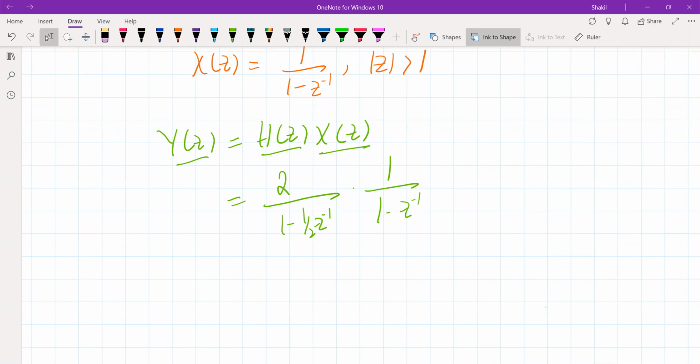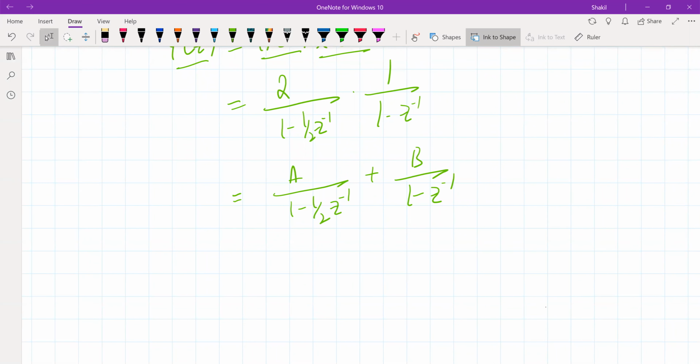Now we can compute the output using the partial fraction method, and we can write this as a by 1 minus plus b by 1 minus. We will see that b will be equal to 2 and a will be equal to 1.